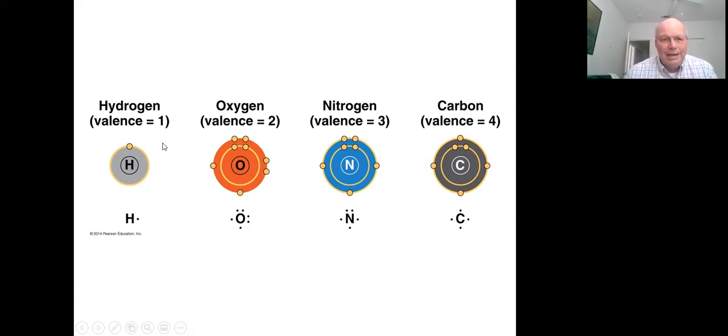But because of their valence, the number of electrons required to fill out the valence shell, they can form different numbers of covalent bonds. So hydrogen with a valence of 1 forms 1 covalent bond. Oxygen with a valence of 2 forms 2 covalent bonds. Maybe I should put that in here.